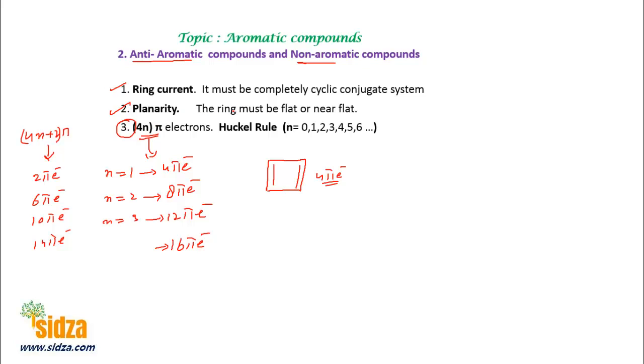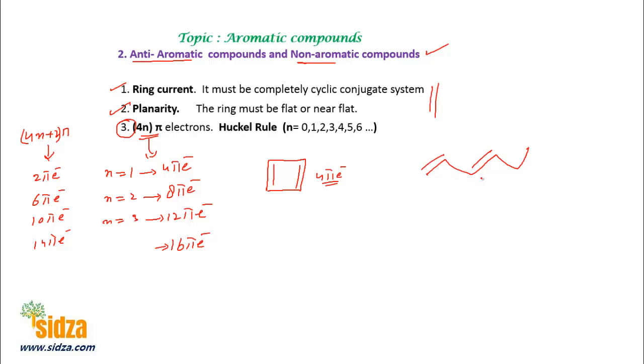So now what are the non-aromatic compounds? Let's look at this class of compounds. Non-aromatic compounds are those compounds which do not fulfill either of the first two conditions. Meaning the molecule is not a conjugated system, right? It's not a cyclic system. Suppose a molecule of this type, is it aromatic or anti-aromatic?